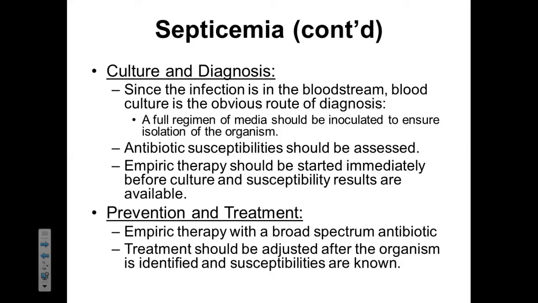Empiric therapy should be started immediately before the culture and susceptibility results are available. So generally speaking, there'll be a broad spectrum antibiotic given immediately. And then after the susceptibility results come in, more targeted therapies can be administered. We're also going to adjust our therapies based off of the results of that Kirby-Bauer assay.